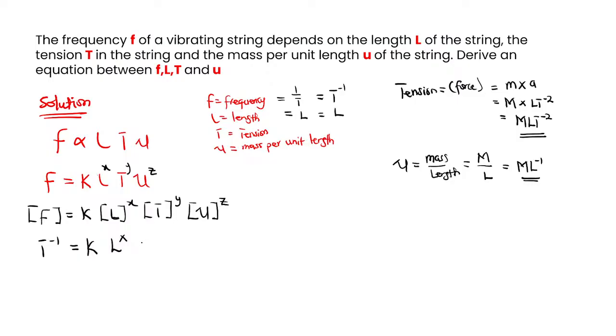Now for the tension, in place of tension, I open bracket here. Tension, we said, is MLT raised to the power -2. So I have here MLT raised to the power -2. And then I put y at the top. And then for mass per unit length, or mu, I have here in bracket ML raised to the power -1.